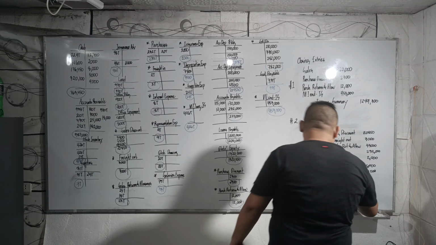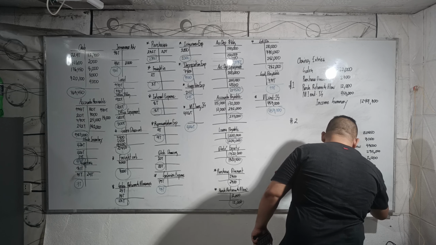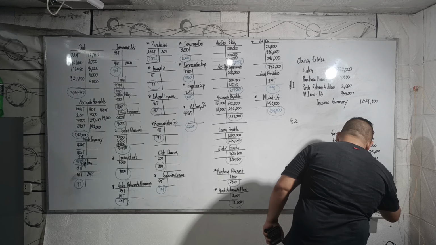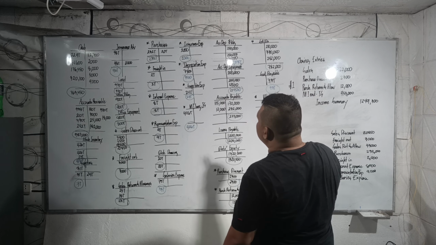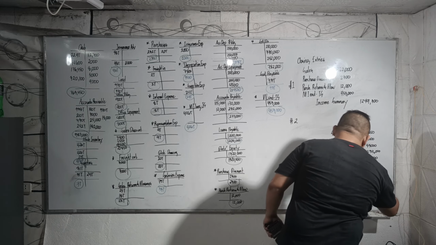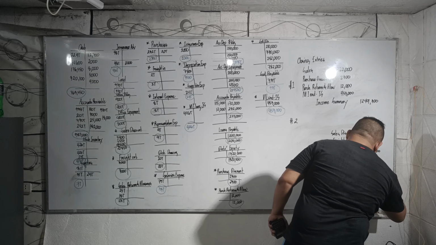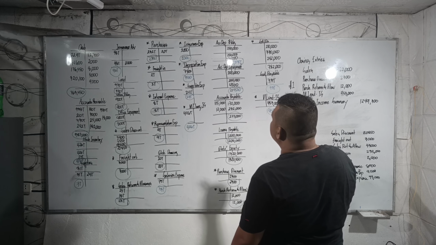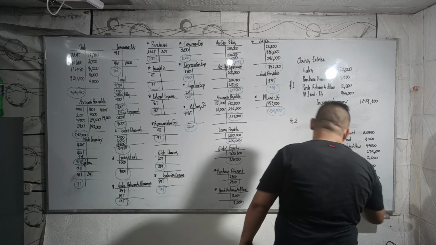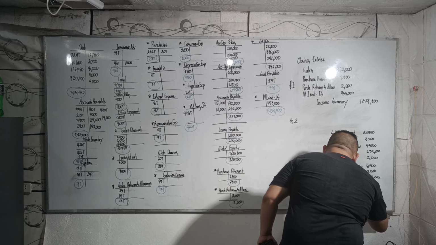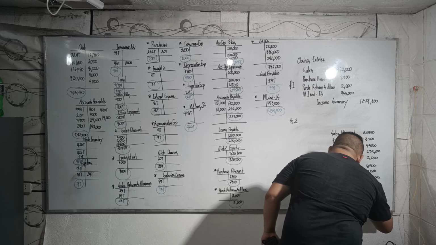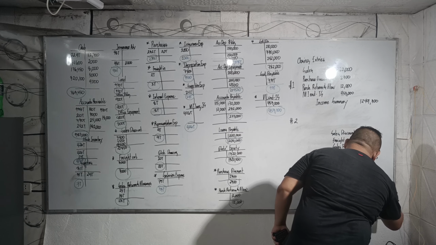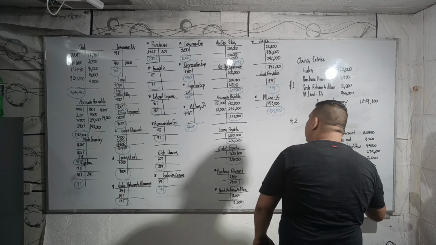After representation, we have salaries. The salaries expense is 73,000. And then the insurance expense. I'll economize the space already. 2,000. And then we have depreciation.